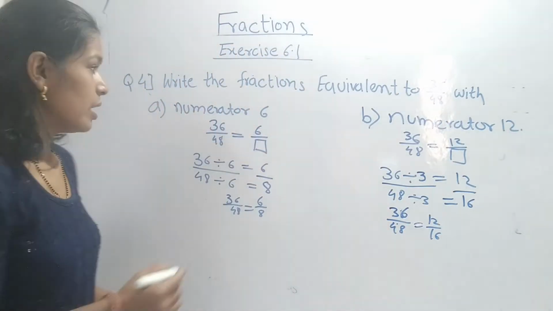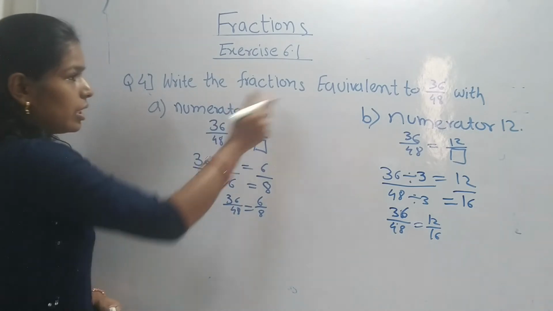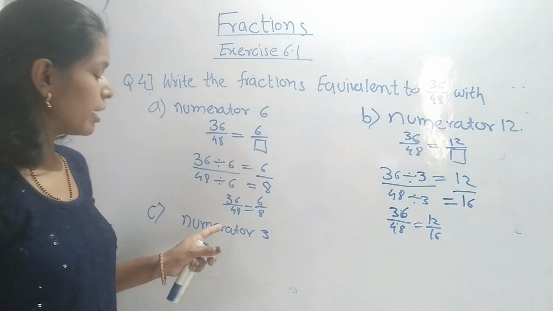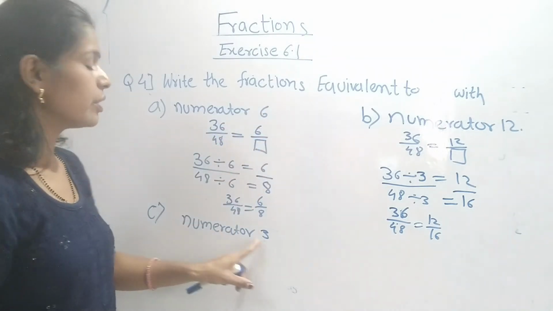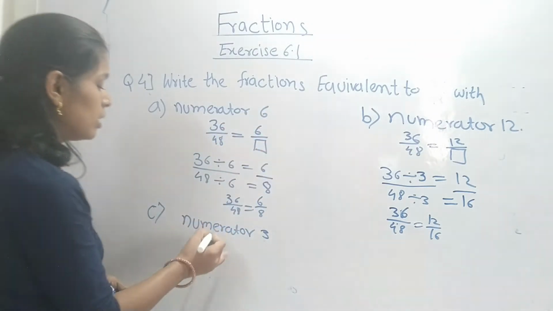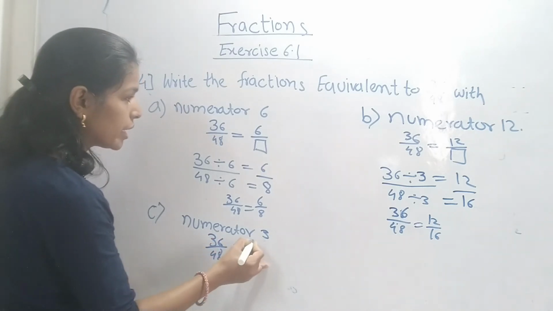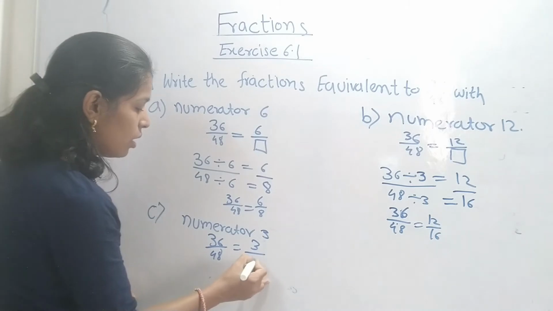Now in the same way, if you are asked to write the equivalent fraction of 36 upon 48 with numerator equal to 3, then you have to divide 36 upon 48 again to get 3 as a numerator.